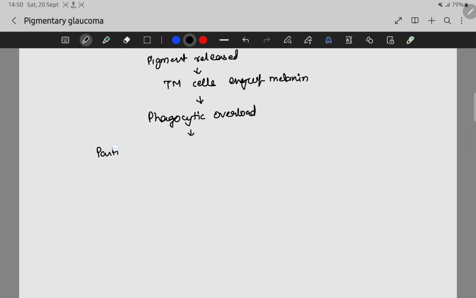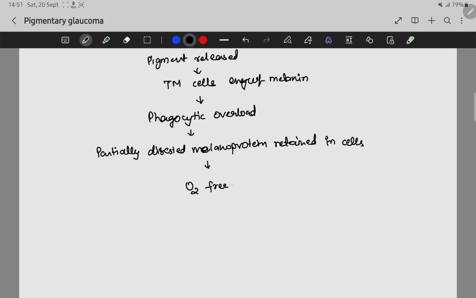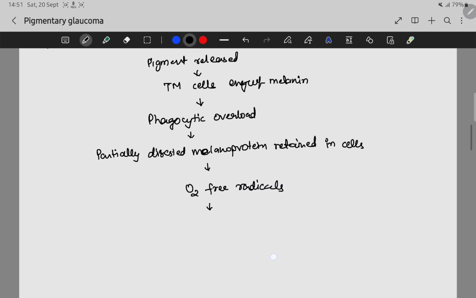And partially digested melanoprotein is retained inside the cells, and this causes oxygen free radicals. So these free radicals, they cause trabecular meshwork cell death and injury.